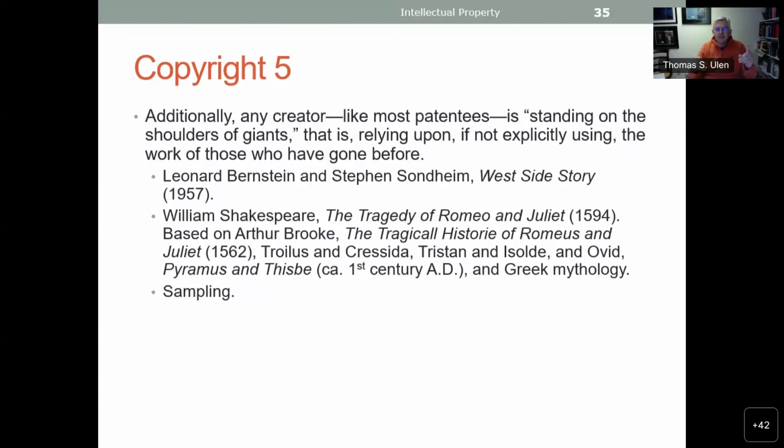But a boy from the Jets and a girl from the Sharks fall in love. And how does their love work out? Better than it did in Romeo and Juliet. But Bernstein and Sondheim, two of the greatest musicians of our lifetime, took this idea from before and put it in a modern and different context, a musical, and New York City.